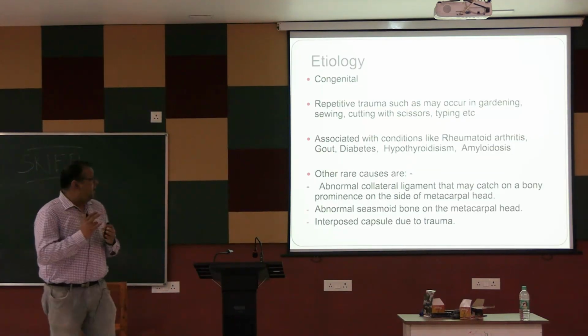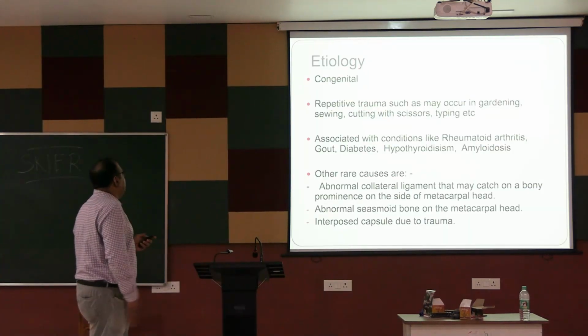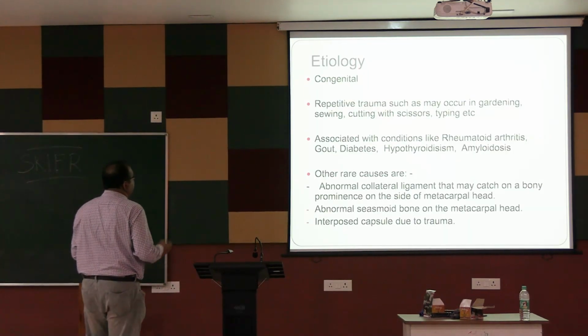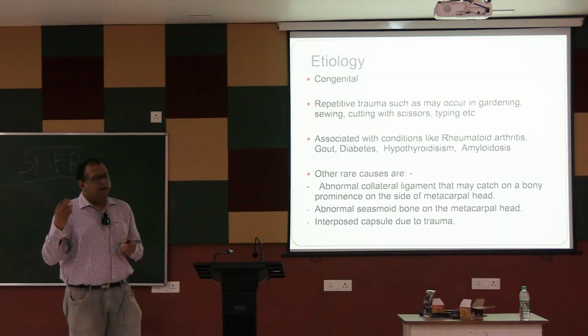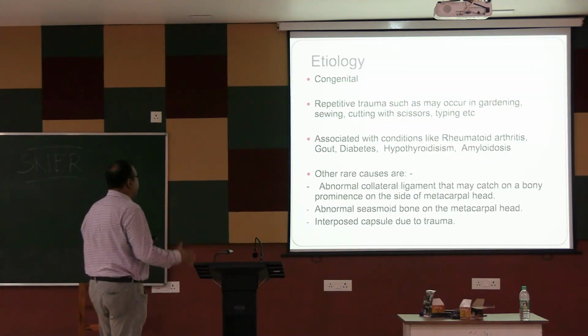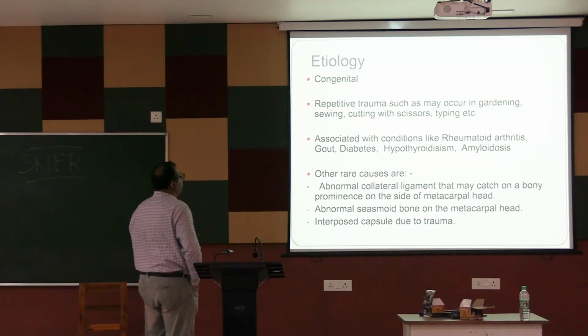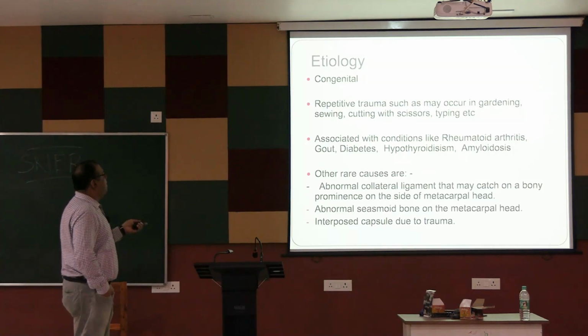So what is the etiology? It may be congenital, it may be from birth as well. It may be associated with conditions like rheumatoid arthritis, diabetes, very common with diabetic patients. Diabetic patients come to us with this complaint mainly, saying I am having a trigger finger. Other causes may be an abnormal collateral ligament that may catch on to a bone. No need to remember that.